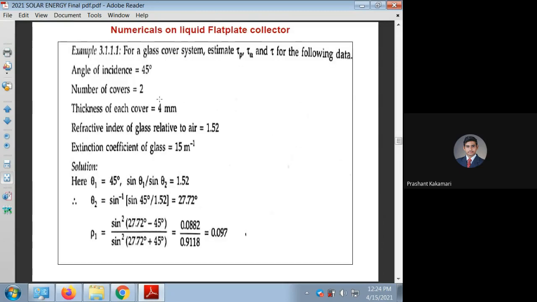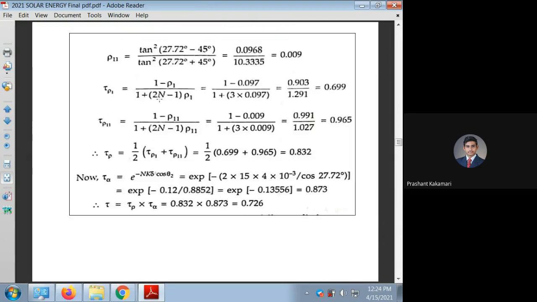Rho 1 we got as 0.097, and n is 2. So 1 minus 0.097 divided by 1 plus 2 into 2, that is 4 minus 1 is 3, so 3 into rho 1, which is 0.097. So the transmissivity due to reflection is 0.699. Similarly, for the second medium, or second cover, we use the same formula with the rho 2 value.